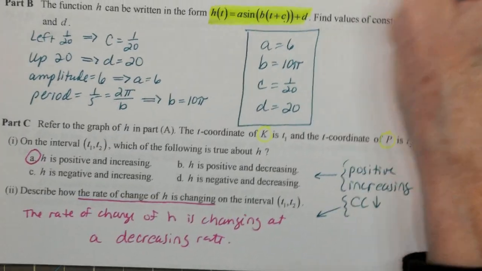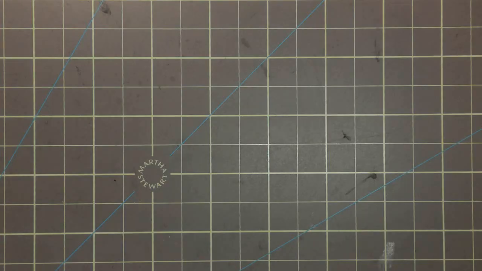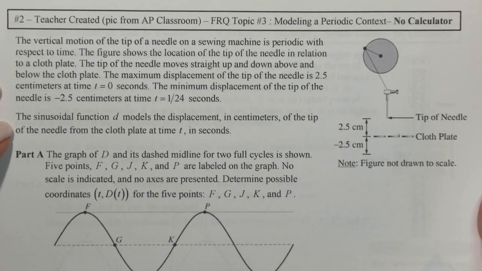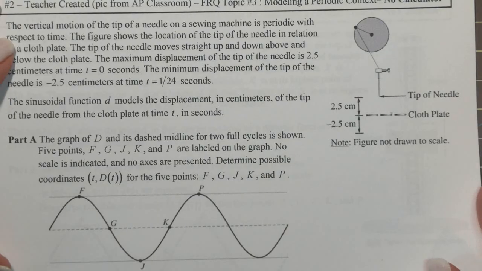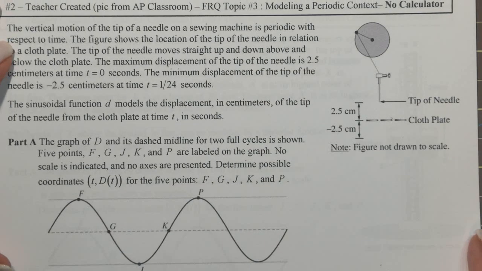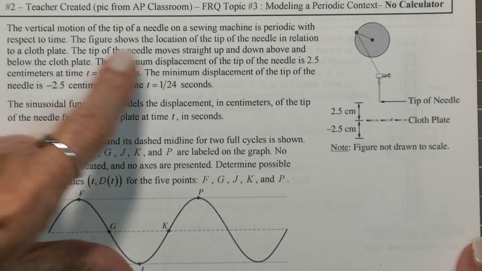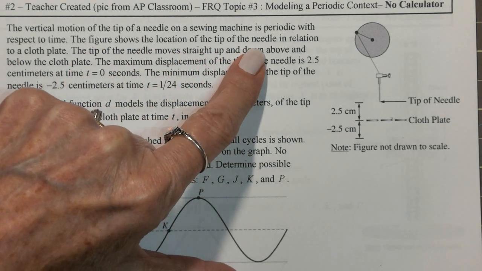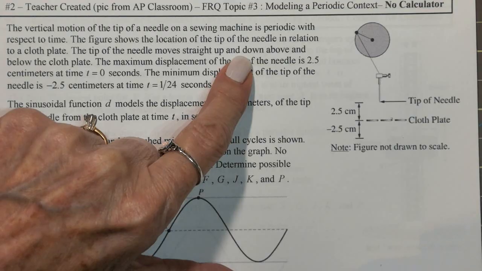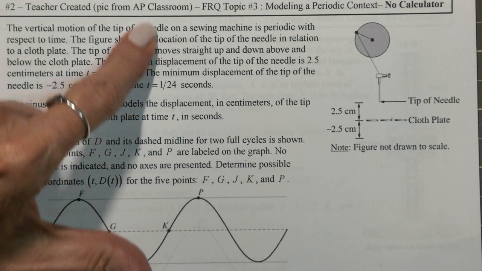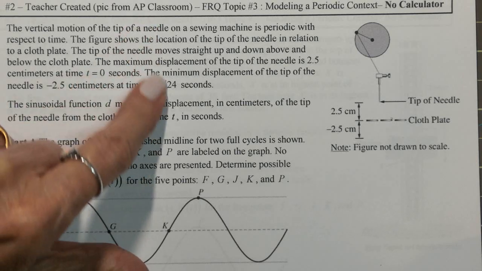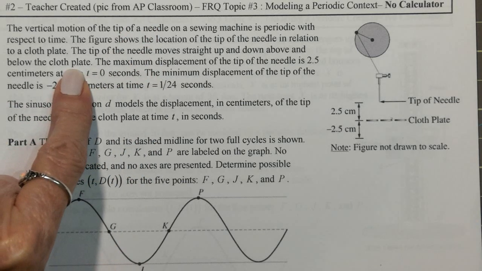Okay, let's take a look at another problem. Number 2. The vertical motion of the tip of a needle on a sewing machine is periodic with respect to time. The figure shows the location of the tip of the needle in relation to a cloth plate. The tip of the needle moves up and down, above and below the cloth plate.